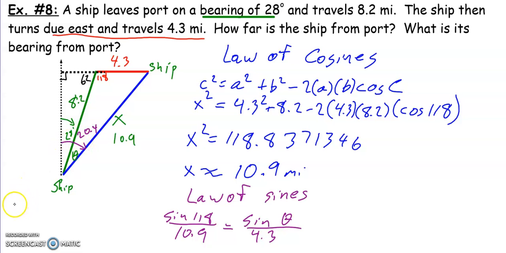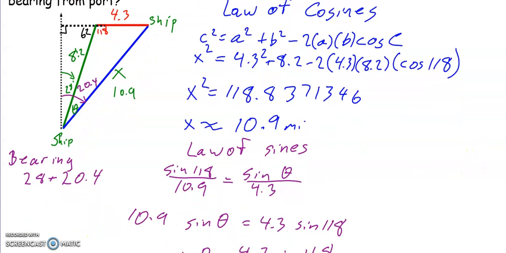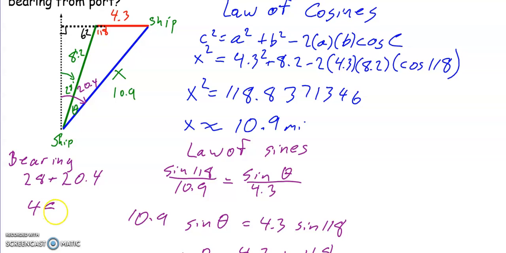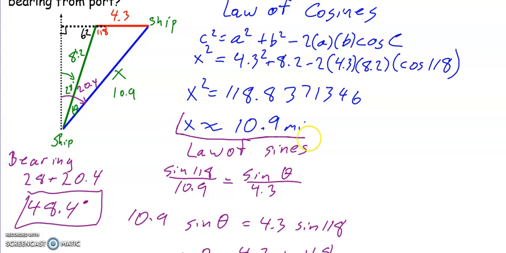So the bearing from port is going to have to be that initial 28 degrees plus theta, which we just found as 20.4. So the bearing from port is going to be 48.4 degrees. So here is how far the ship is from port: it's 10.9 miles from port at a bearing from the port to the ship of 48.4.